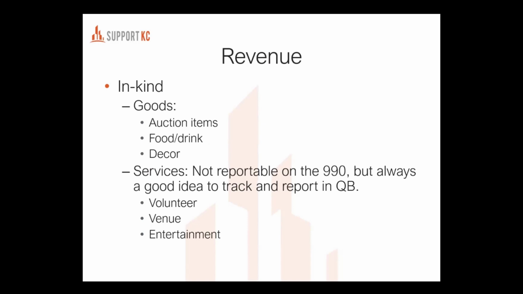All right, in-kind goods. I think with all the clients that we work with, this is a piece that's missing from a lot of them. It's really important that we record that if you had in-kind auction items, where people from the public donated things for you to auction off for your event, or if someone provided catering for free or for a discount, or decor or other items for the special event, we record that in QuickBooks and on the 990 to show we may not have received cash, but we do have a wide variety of donors who are willing to give us non-cash items as well.